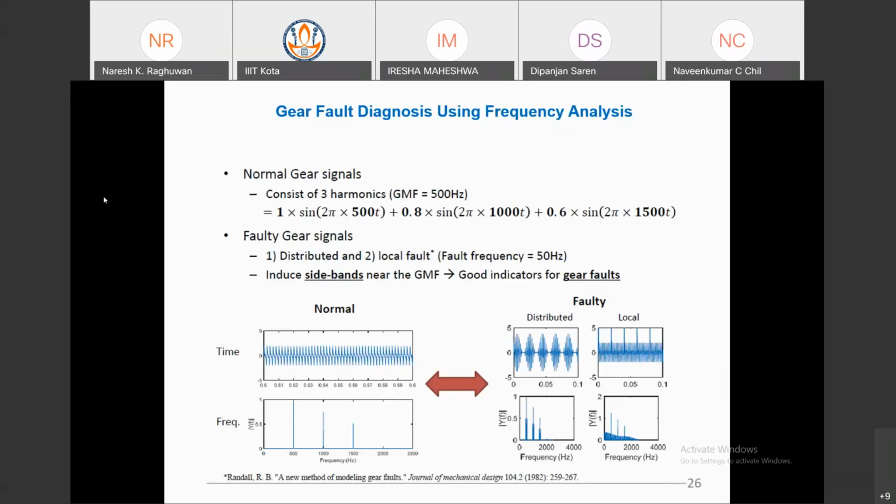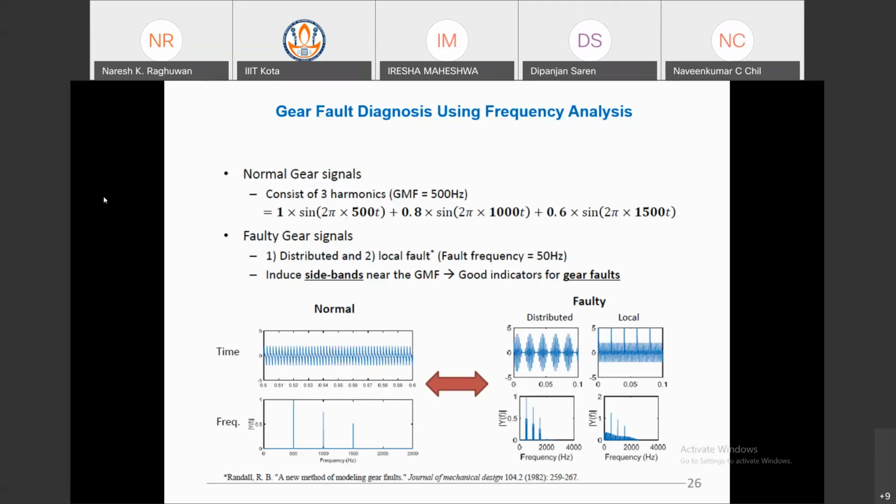So 500, then the next frequency 1000, next frequency 1500. These are the multiples of the frequency; these are the harmonics. If you see these harmonics, it means healthy.